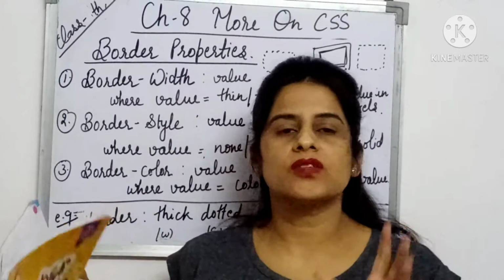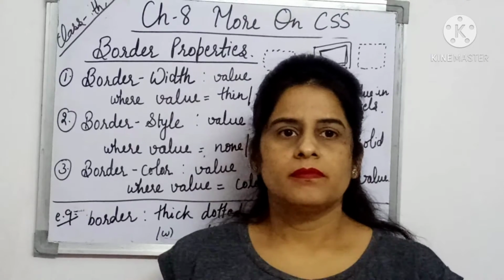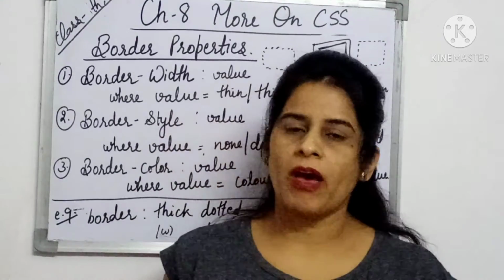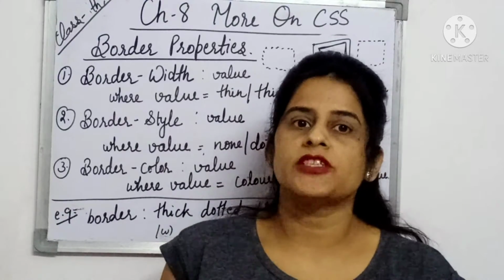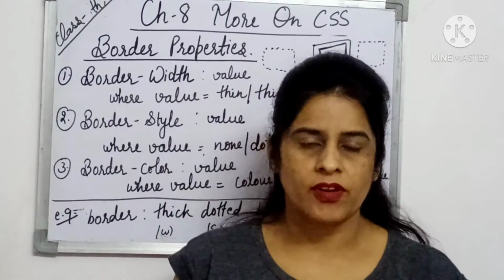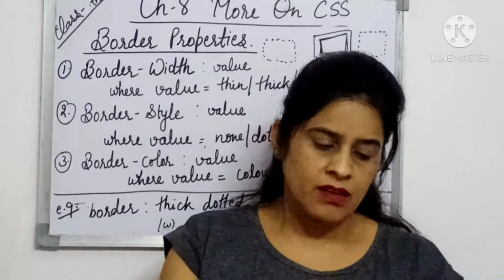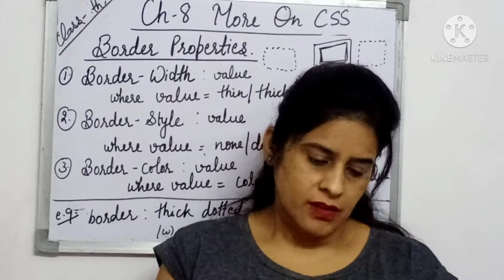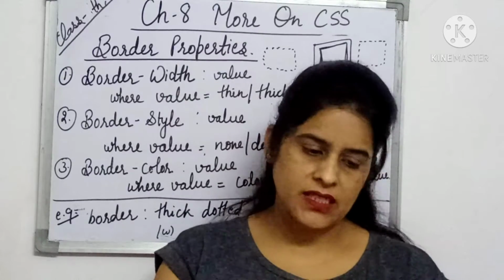By using all these properties, you can make your web page so appealing, so beautiful, so attractive. So it will look like a really very appealing page. There are some programs that are given in your book.